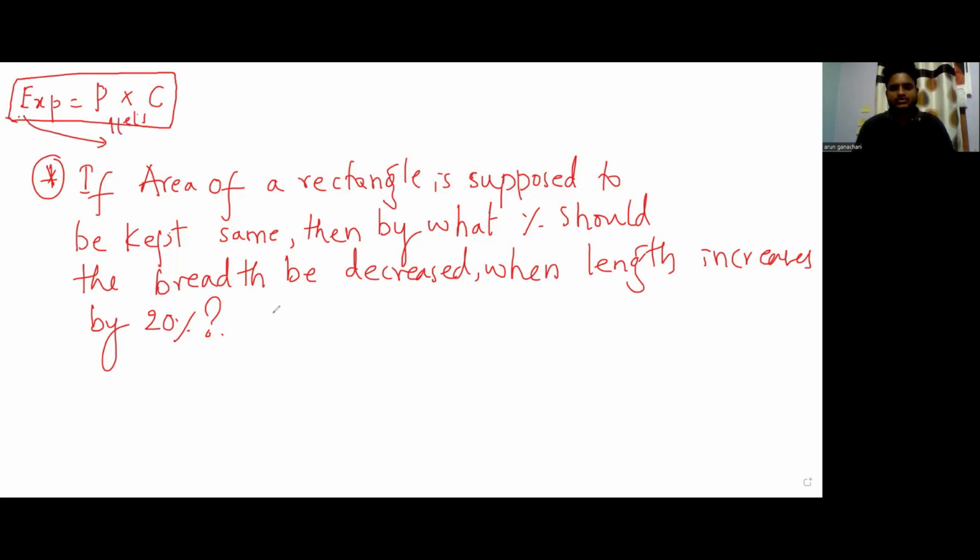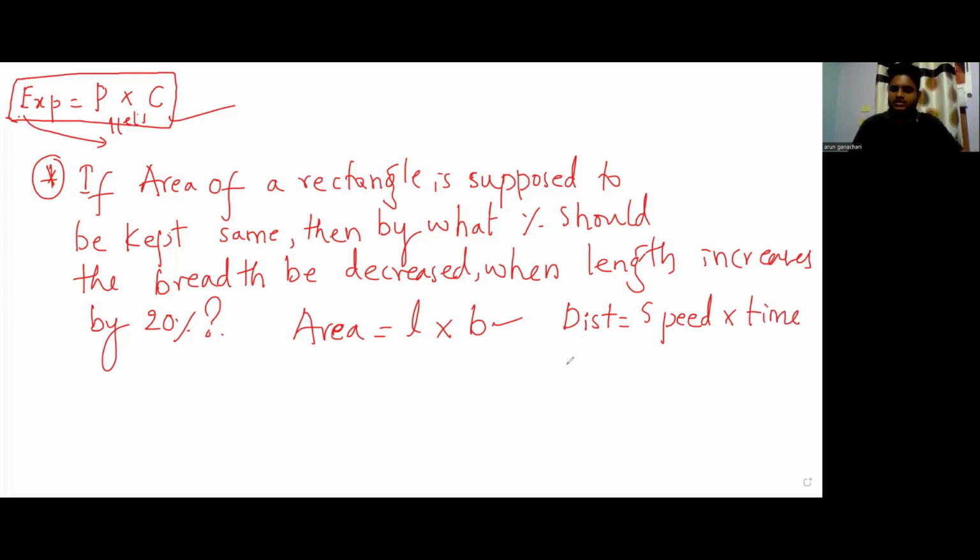What are the parallels? Area is one of them. Area is equal to length into breadth. This formula and that formula are almost similar. We can do this in your time, speed and distance chapter also. Distance is equal to speed into time.